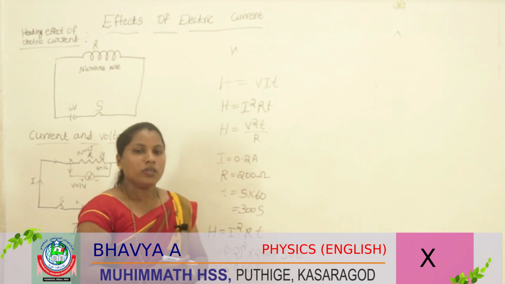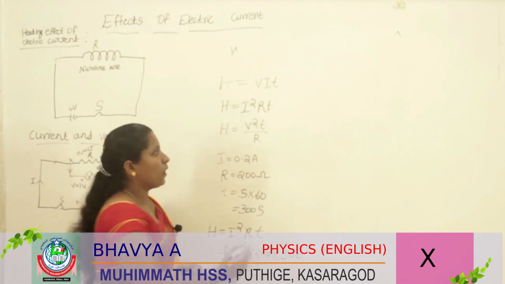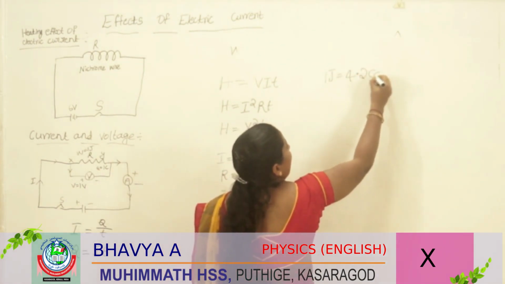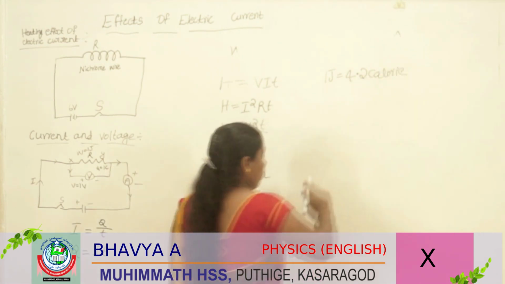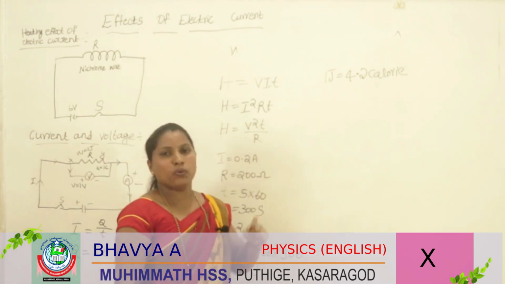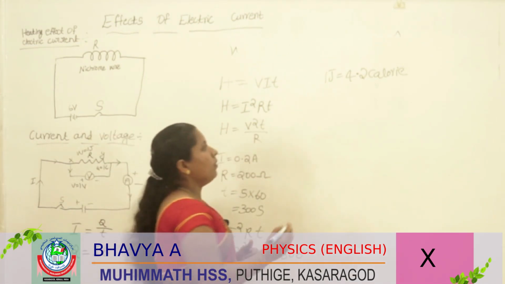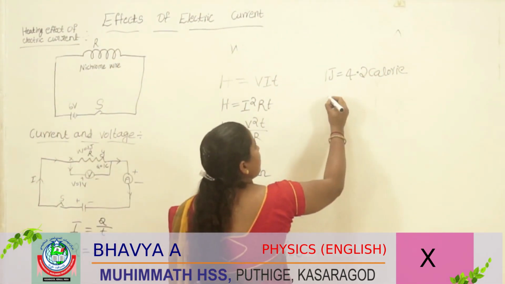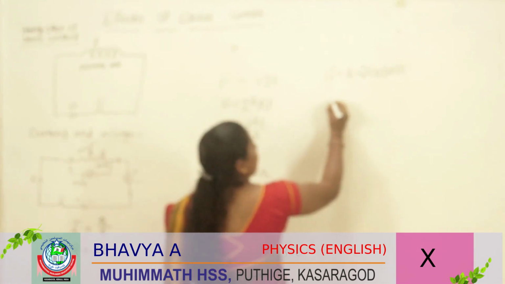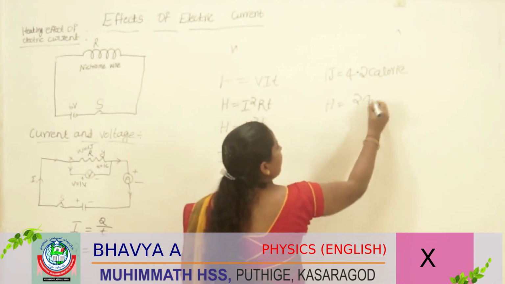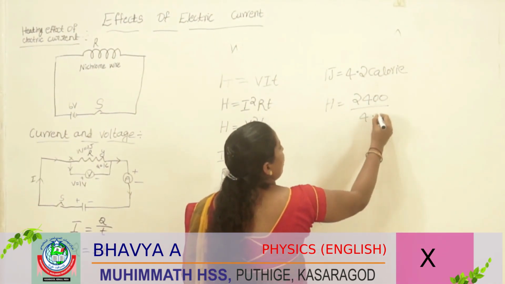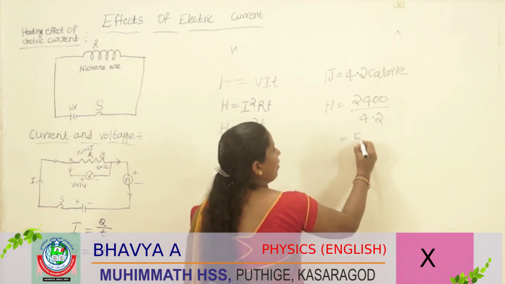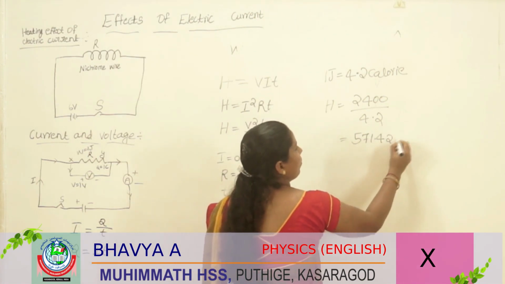Here 1 joule means 4.2 calorie. So to find how many calories, you should divide: H is equal to 2400 divided by 4.2. The answer is 571.42 calorie.